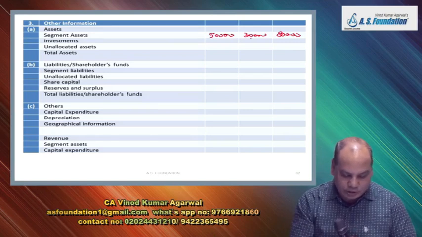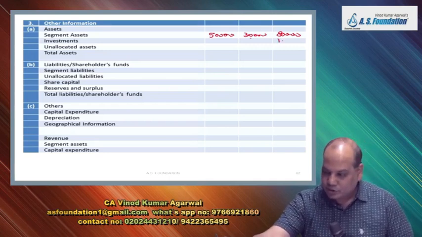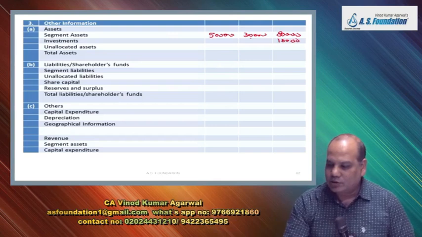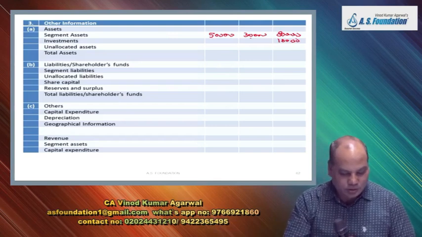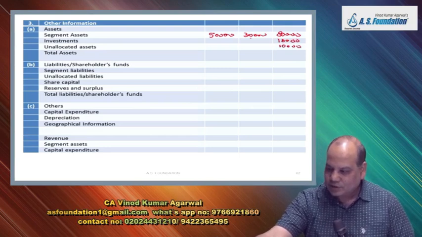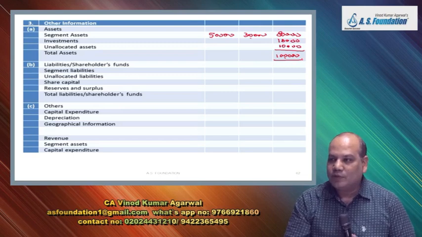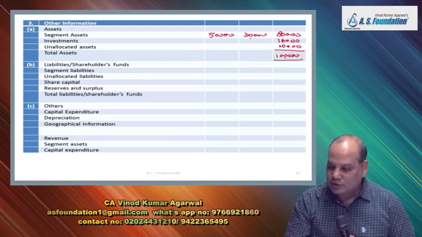Investment will not be allocated, so I write 10,000. All other assets will be written in the total column. Is there any unallocated asset also? Yes, 10,000. So total asset is 1 lakh. This will match with your statement of financial position, reconciliation.